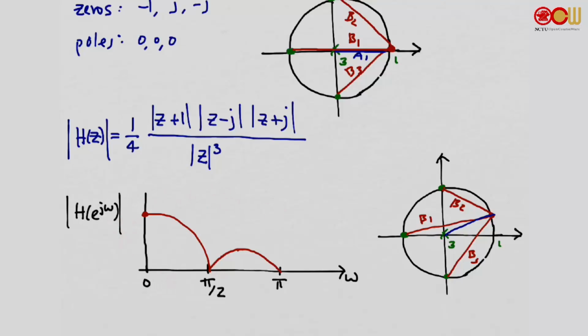We do not need to consider the other half, minus pi to 0, because it's symmetric. Using this approach, we can get a rough idea of how the magnitude will behave in the frequency response without actual evaluation of the values.